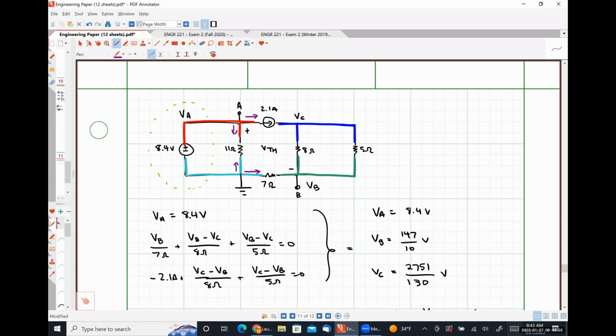We have the current flowing down through the 11 ohm resistor and the current flowing up through the 11 ohm resistor, which are going to cancel each other out. So the 11 ohm resistor still won't really show up in our equations because it's in parallel with the voltage source. And then 8.4 over 11 going up and 8.4 over 11 going down.